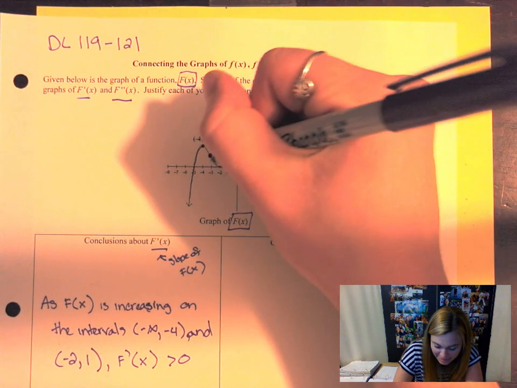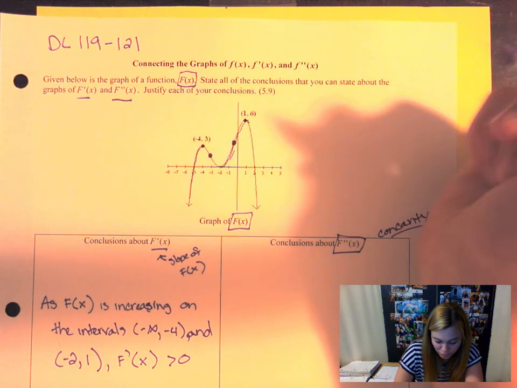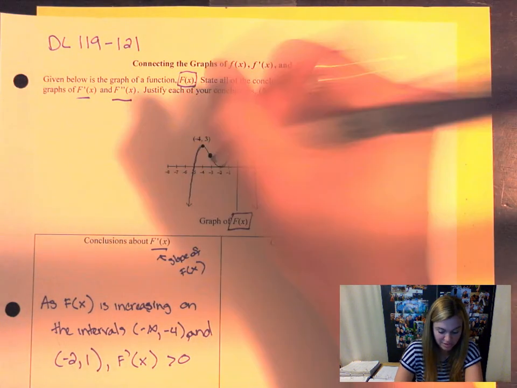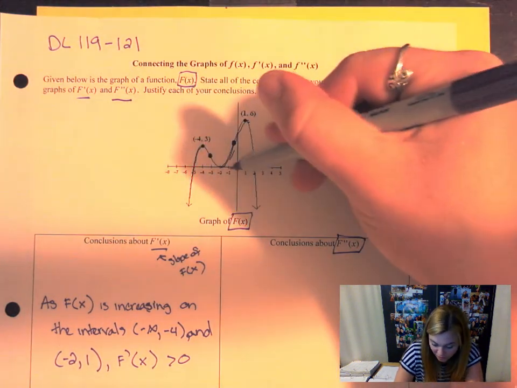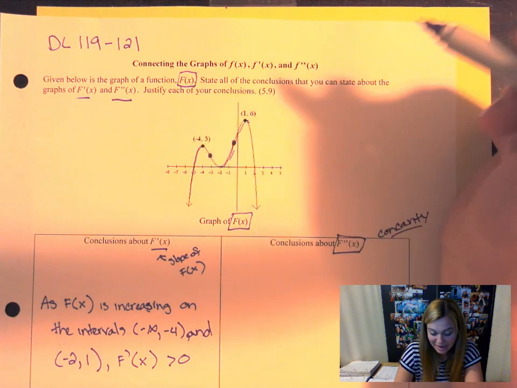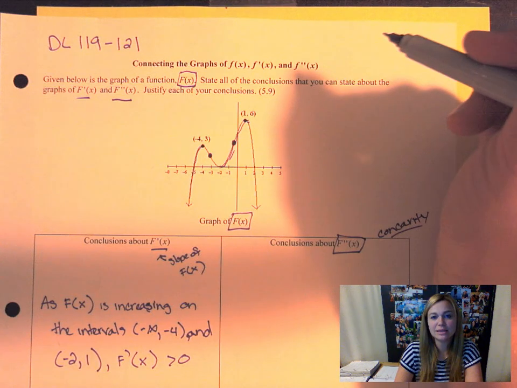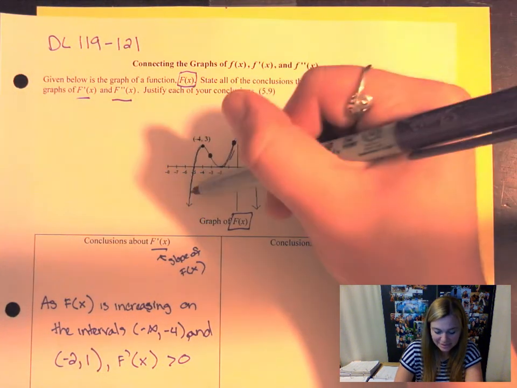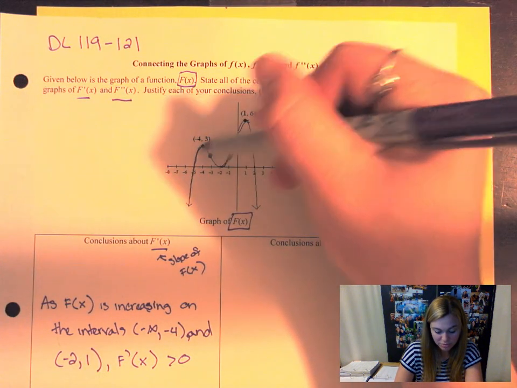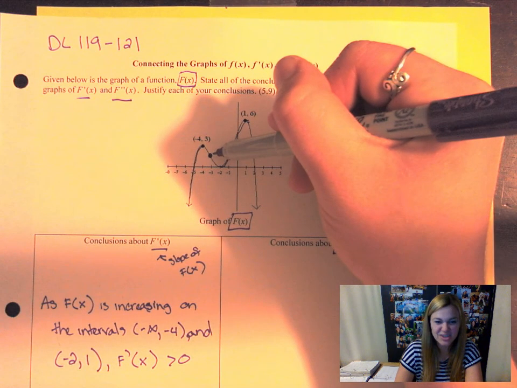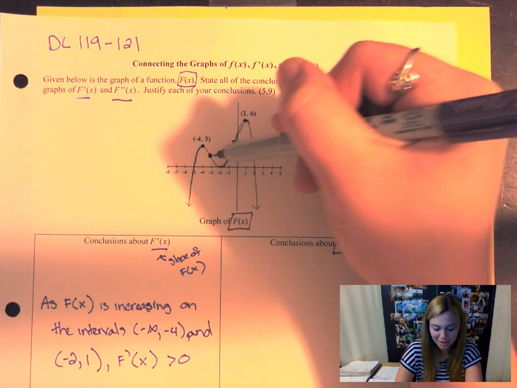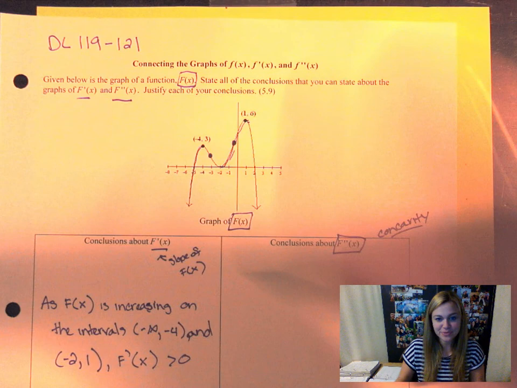But I'm going to say at negative 3.2, maybe? Is that where it is? And over here at about negative 0.9, that looks to me where f of x is changing concavity or has a point of inflection. I can see it's going from what looks like a frown, concave down, to a smile. And here's where you can't really tell whether you're sad or happy. That's the point of inflection.